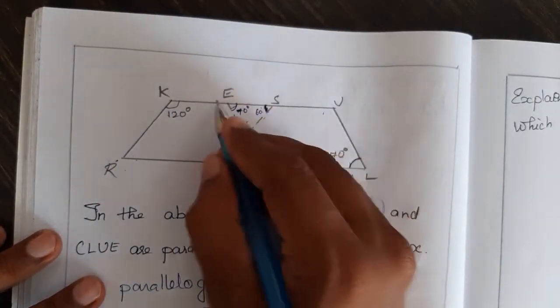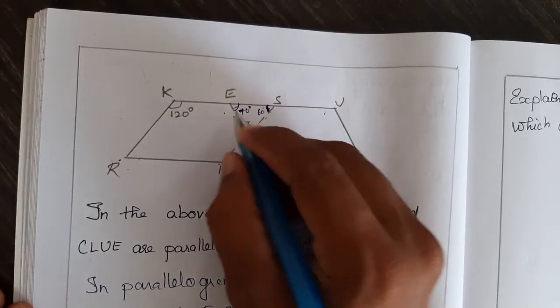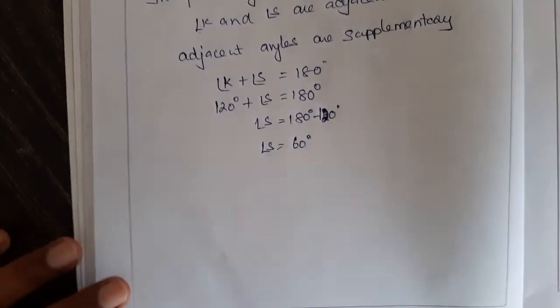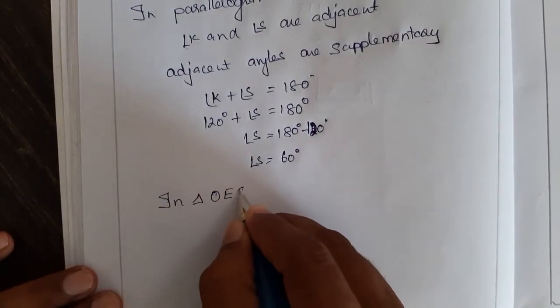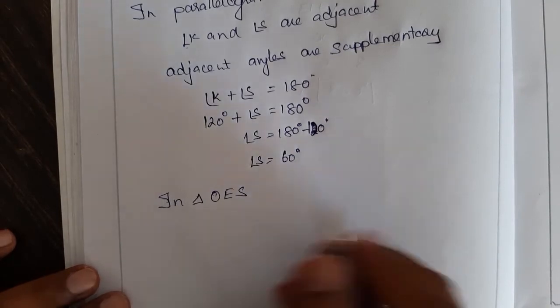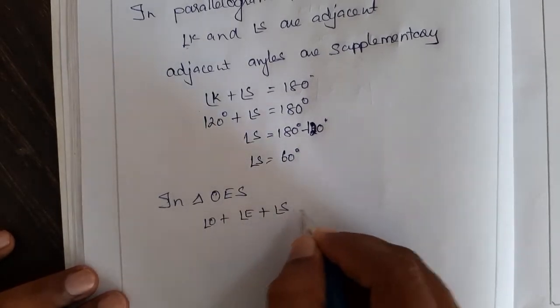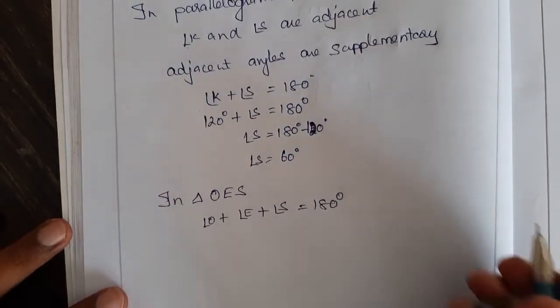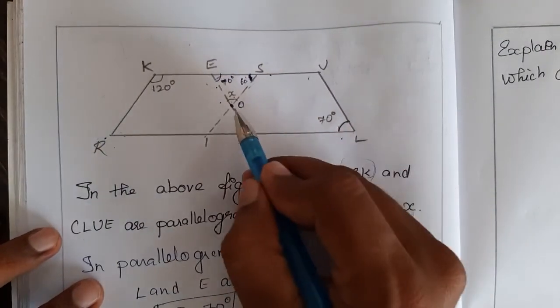Now we can see this is one small triangle. Let me consider this point as O. That is triangle OES. In triangle OES, we know the angle sum property is 180 degrees. So angle O plus angle E plus angle S is equal to 180 degrees. Angle O is the x we have to find.